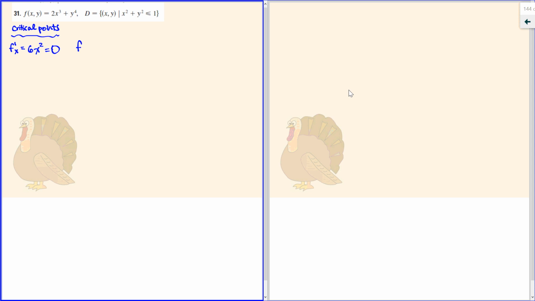Likewise, we find fy, which is equal to 4y cubed. And so if that equals 0, we know one of our critical points is at (0, 0), and f of (0, 0) is just 0.